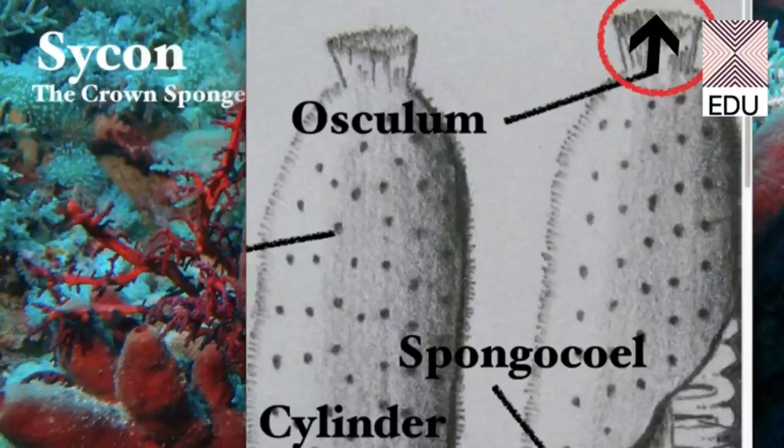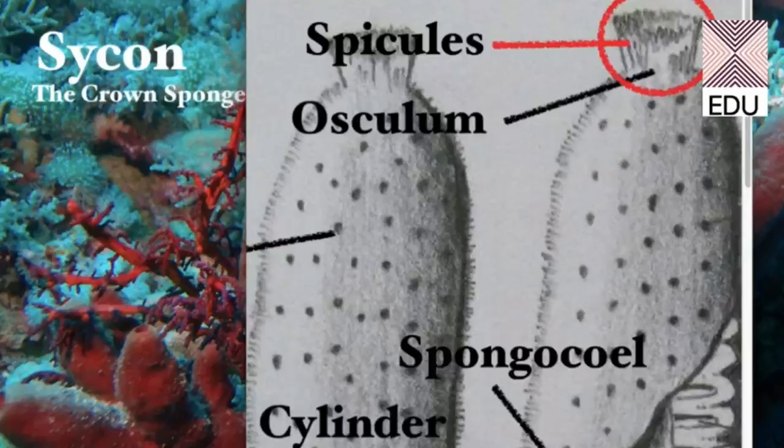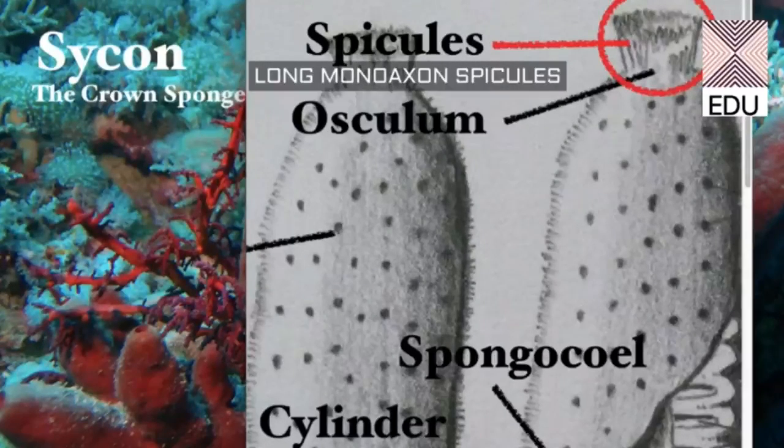On the tip of the Sycon, around the osculum, there are many bristle-like structures. Actually these are the spicules. These spicules are very thin needle-like structures which are protecting the osculum.